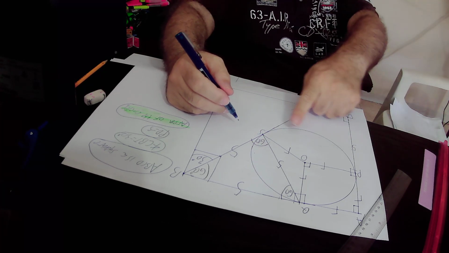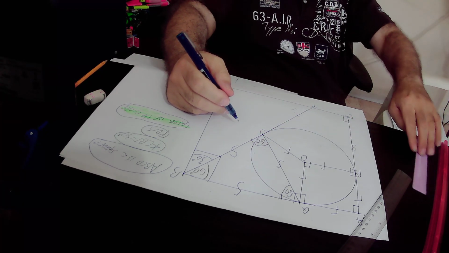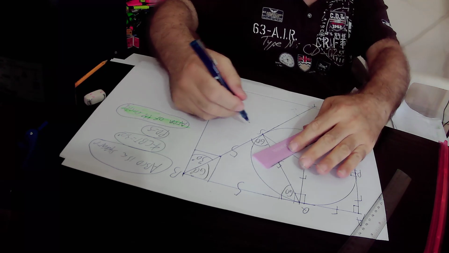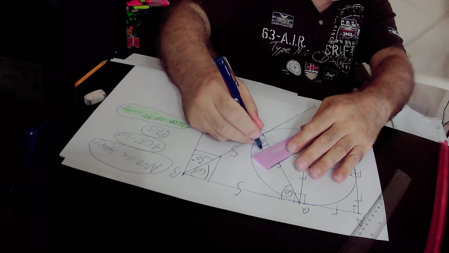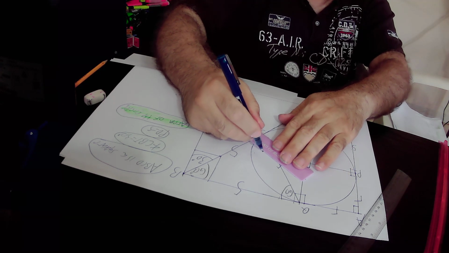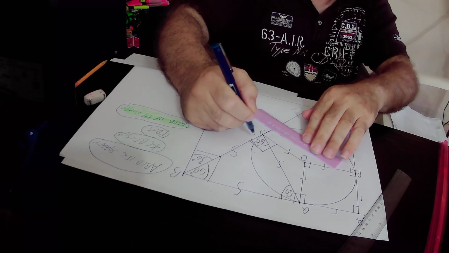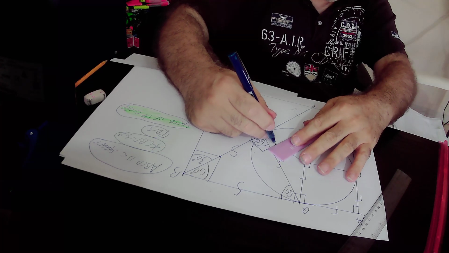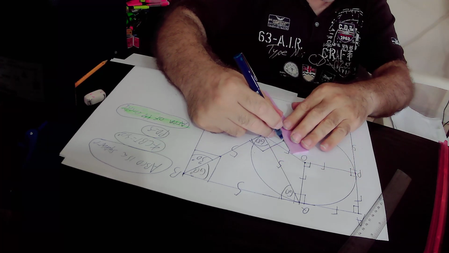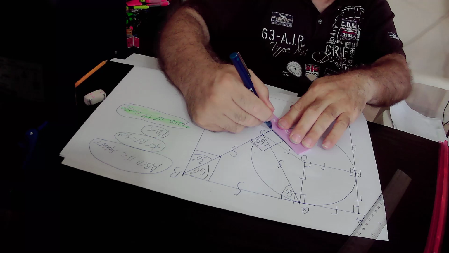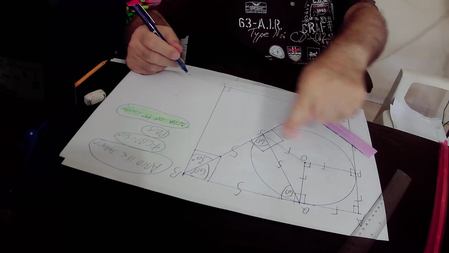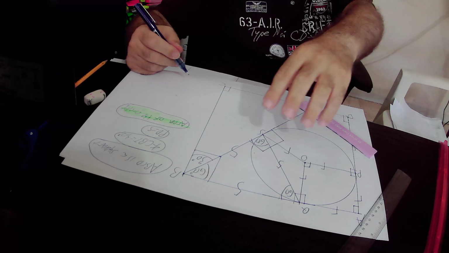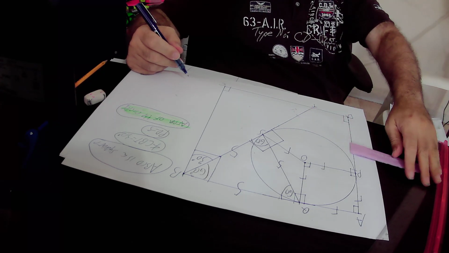We have the radius OS that is drawn to the point of tangency, therefore according to rule number 1, this angle will be equal to 90 degrees and this angle will be also equal to 90 degrees. In the next step, I will copy quadrilateral SOQB in a new page and we will analyze quadrilateral SOQB.